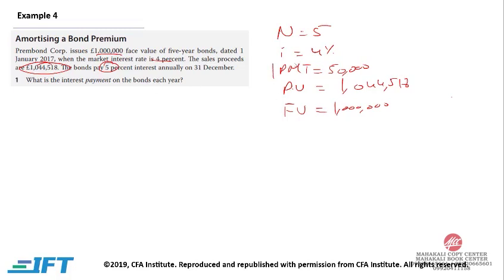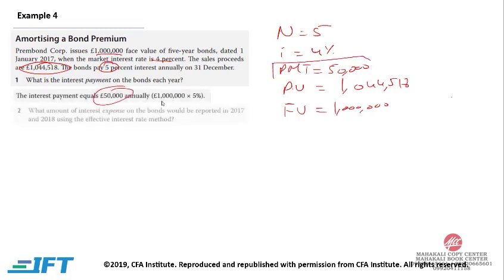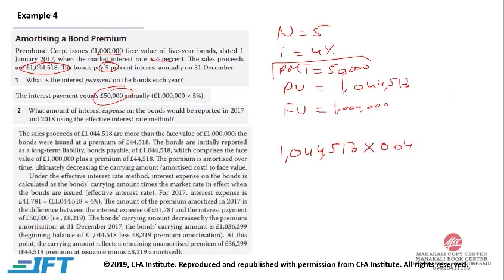So the interest payment is again 50,000, but the interest expense would be 1,044,518 because this is our liability initially multiplied by 0.04. This amount would equal 41,781. Now we need to understand that initially the carrying amount is 1.044518 million.